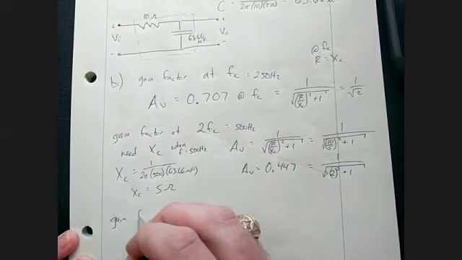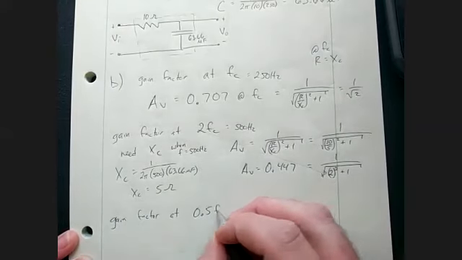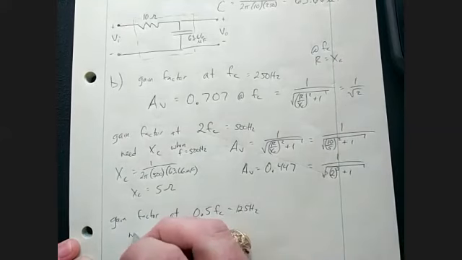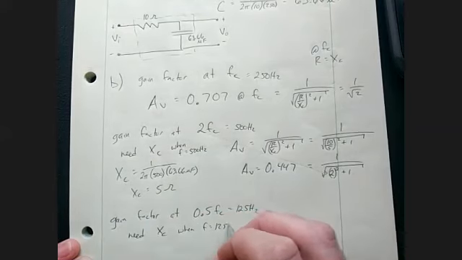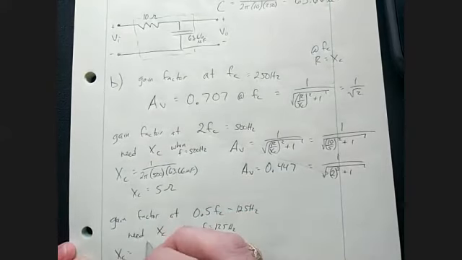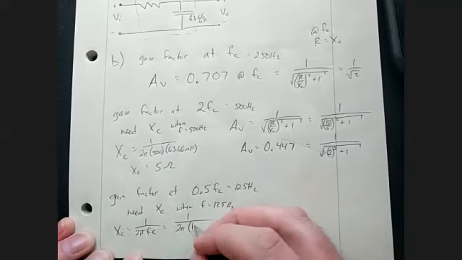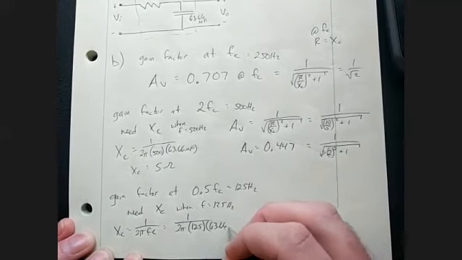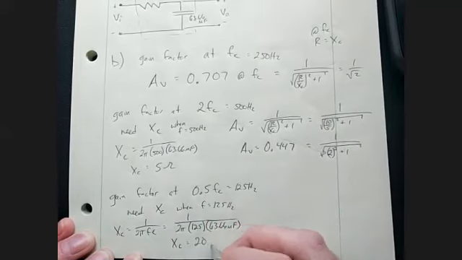Let's do the gain factor at 0.5 FC, which would be 125 hertz. We need XC again when F equals 125. We can calculate XC, 1 over 2 pi F C, 1 over 2 pi 125, C 63.66 microfarads, and XC comes out to 20 ohms.